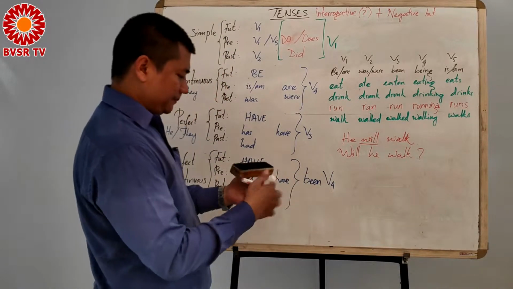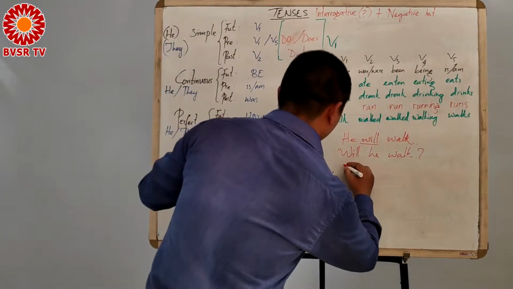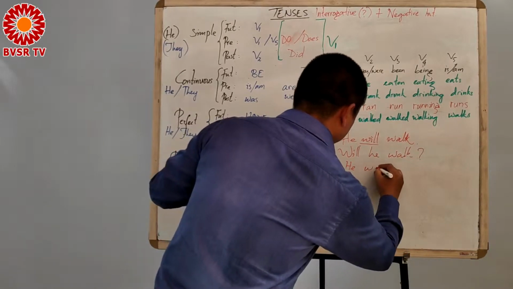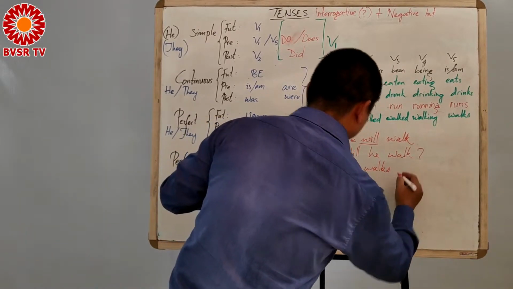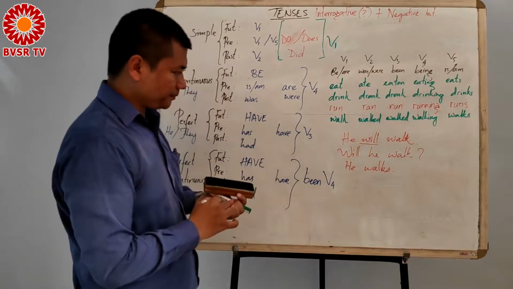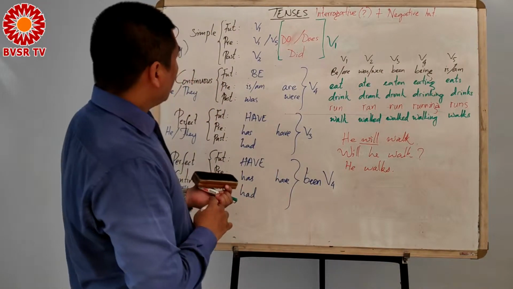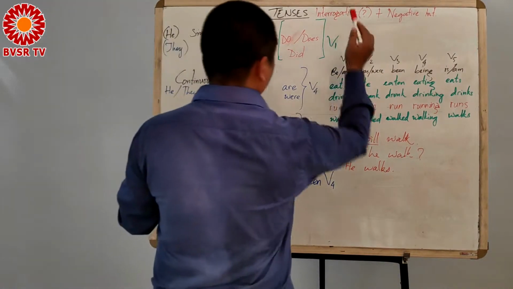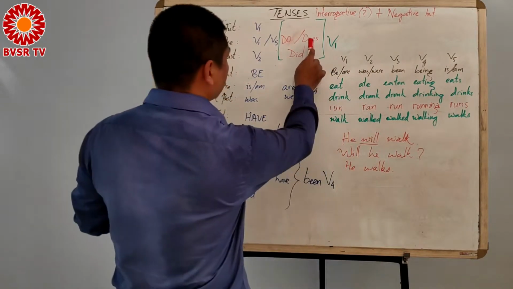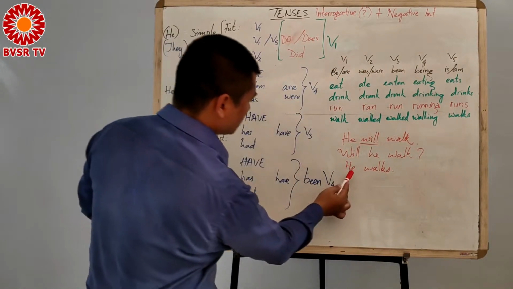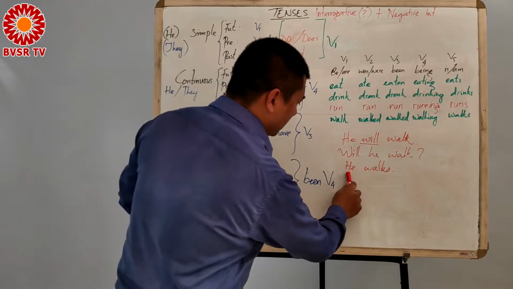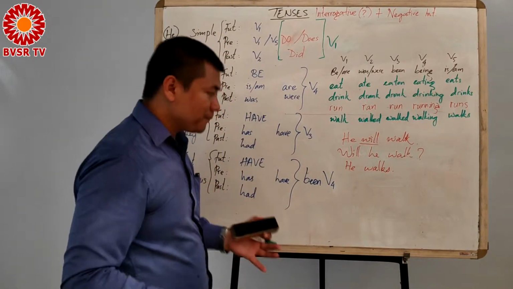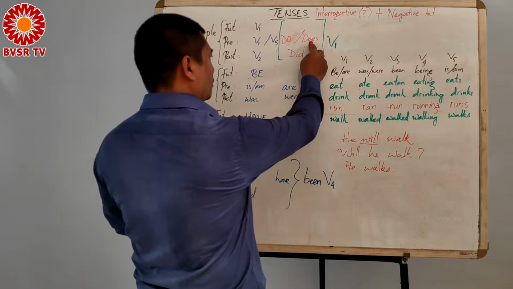Now, in the present, he walks. That is the present tense. The interrogative will be, see, what is the singular of do? He is singular or plural? He is singular. Therefore, does.